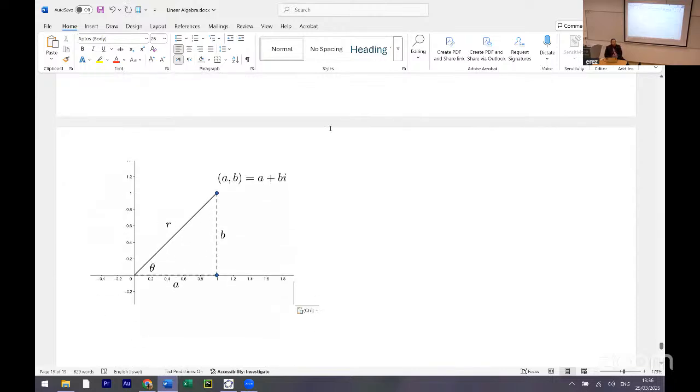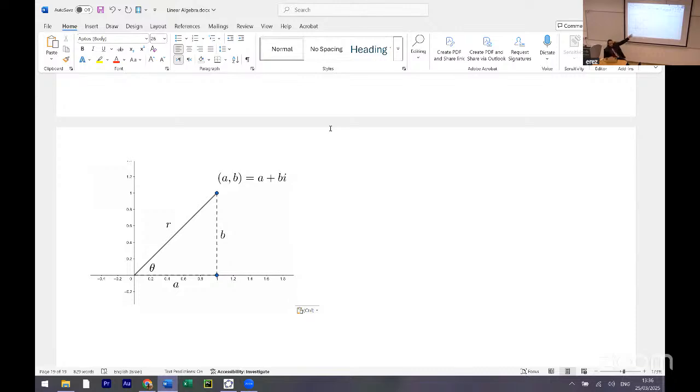Now what is the data that is given and what are the values which we need to find? What is given now? A and B. I assume that I was given the algebraic notation and I wish to find the geometric notation, which means what do I need to find? The angle and the distance, right?